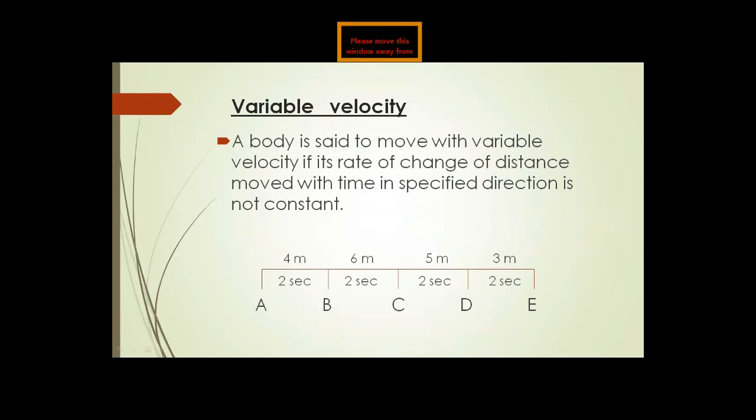We can say that a body is said to move with variable velocity if its rate of change of distance moved with time in a specified direction is not constant, or in other words, unequal displacement covered by a body in unequal time or in unequal direction. So that is said to be the variable velocity.